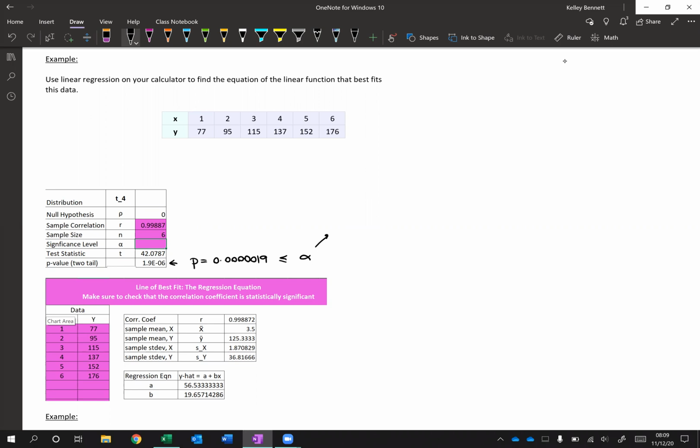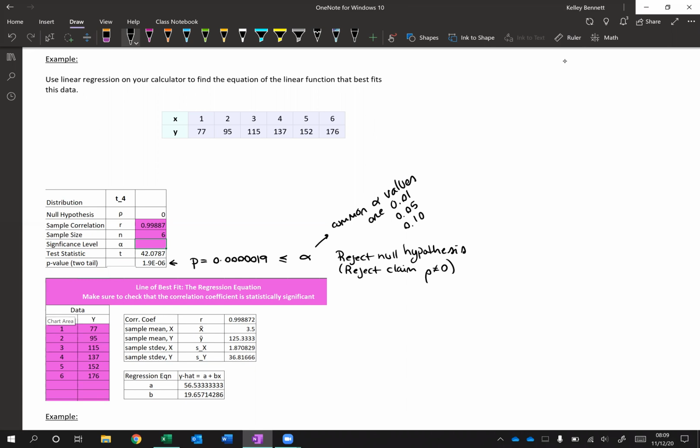Remember the common values for alpha: 0.01, 0.05, and 0.10. So this beats all of them by a lot. And so here we will reject the null hypothesis. We're rejecting the claim that rho equals 0. So we're rejecting the claim that there's no correlation between the populations.